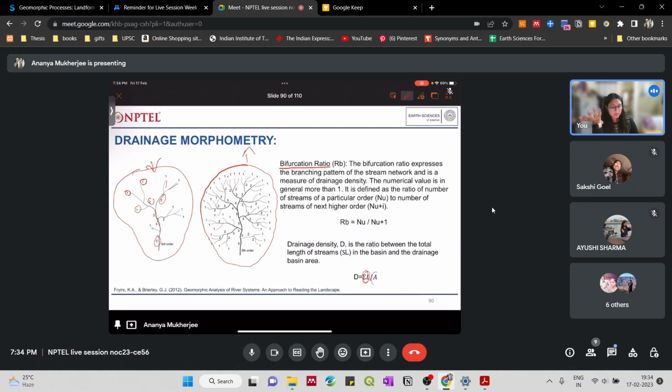And if the area is smaller compared to the number of different order streams, obviously it is going to give you a much denser drainage basin. So this again is going to reflect which stage your river is in.